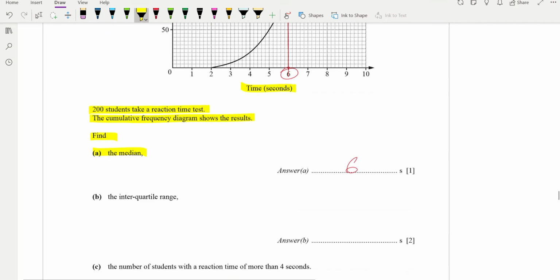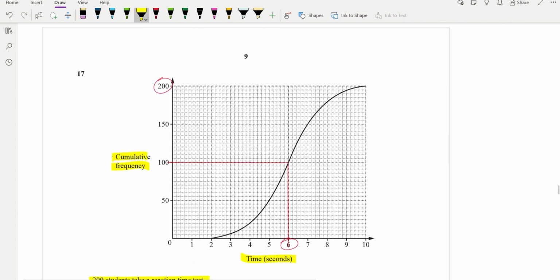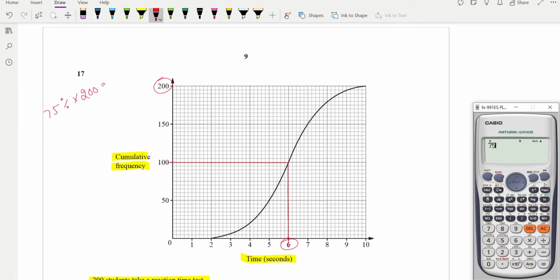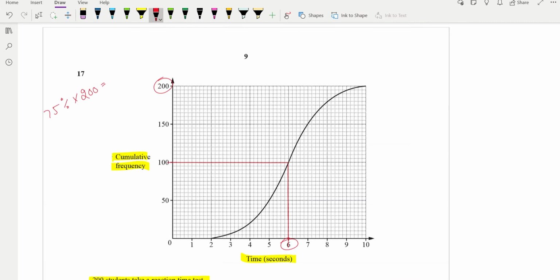Now next is the interquartile range. The upper quartile is the 75th percentile. 75% of the total, which is 200, will be equal to 150. So we will check the reference of 150, which we can check from here. This is at 7.